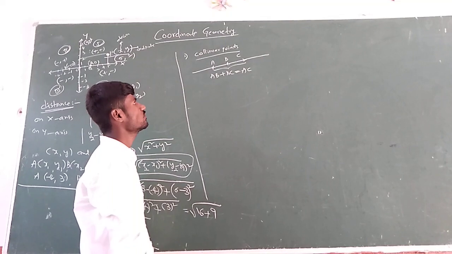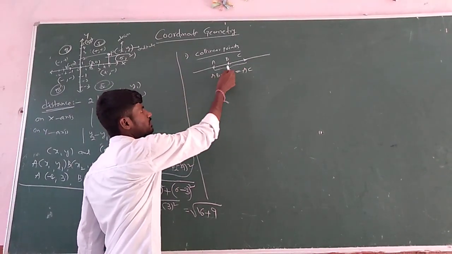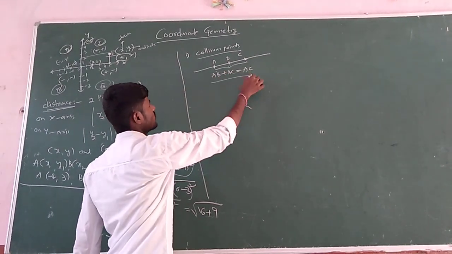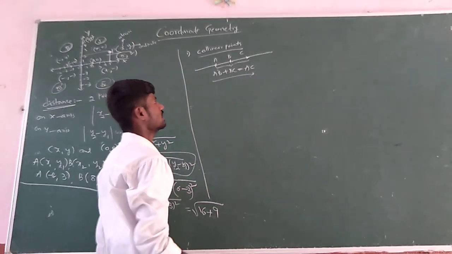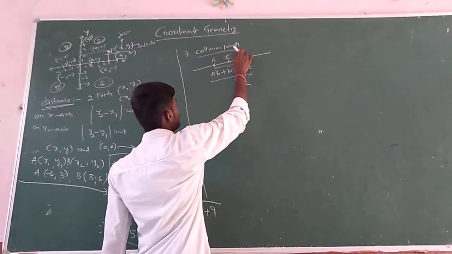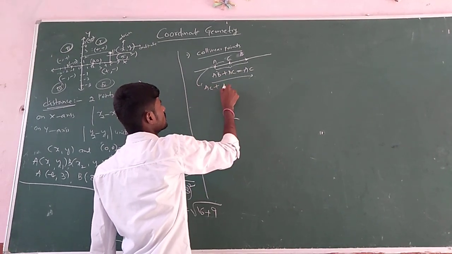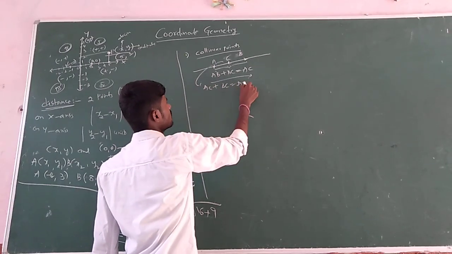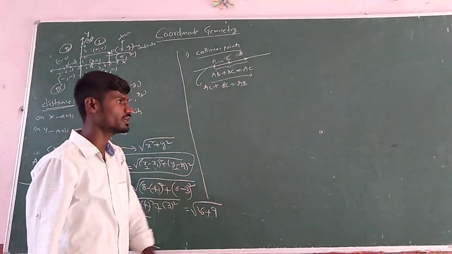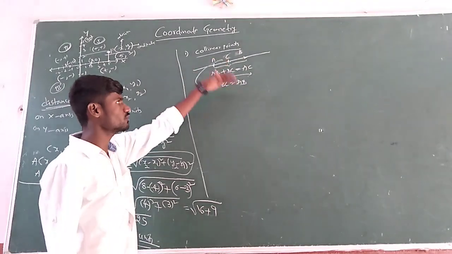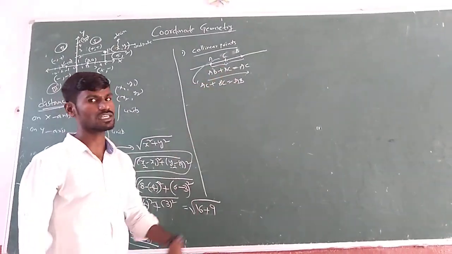We have to find the distances AB, BC, AC, then verify whether AB plus BC equals AC, or in some cases AC plus CB equals AB. We don't know how they are formed, so we have to verify every possible condition.